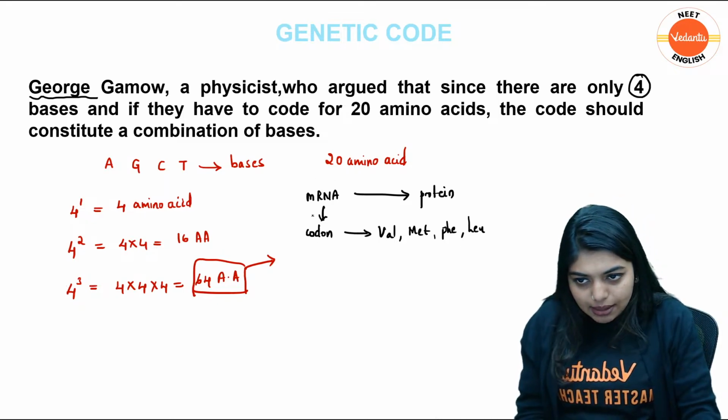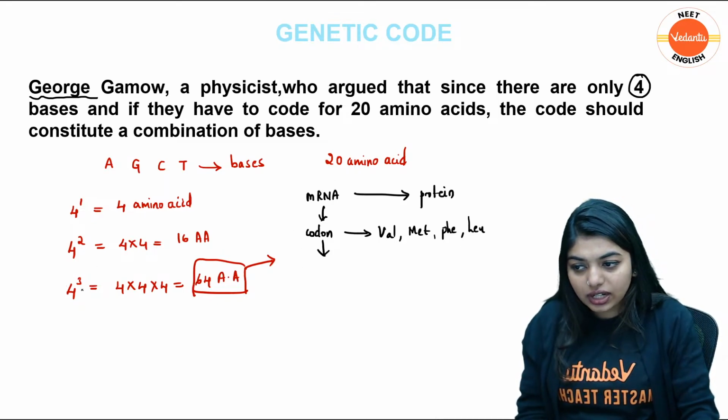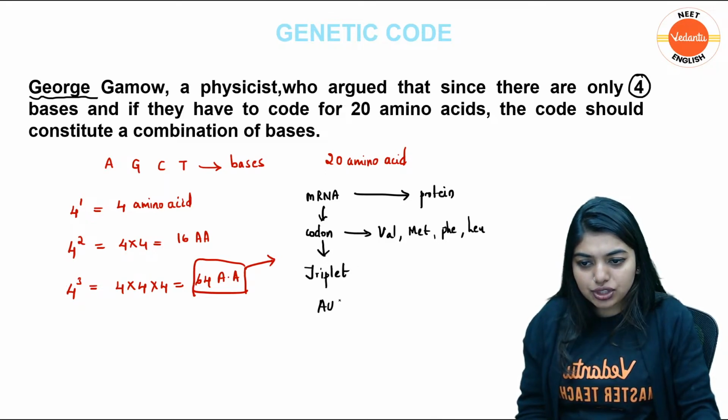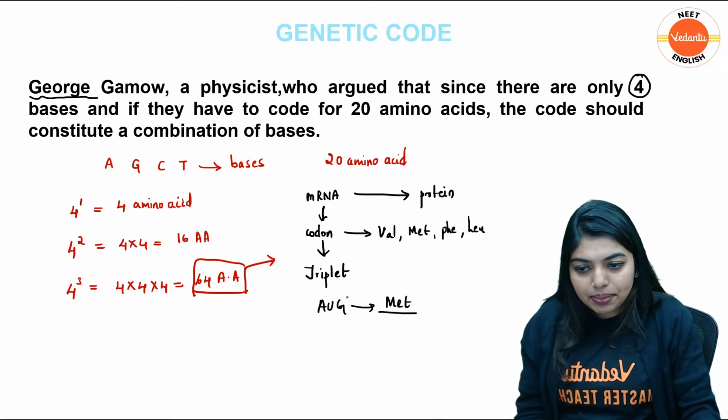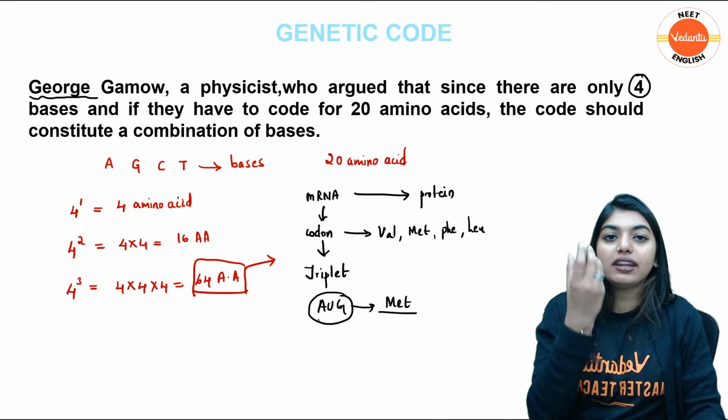Now this mRNA will have a set of codons which are always in triplets. For example, AUG codes for methionine. These triplets will let us know what, where, when, how it should code.